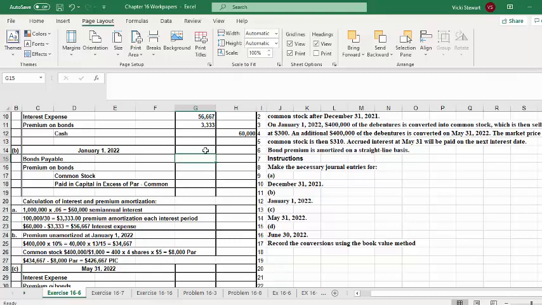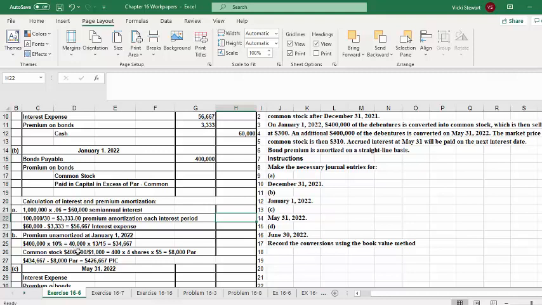We're only going to be converting $400,000 of the bonds, so that would be our debit to bonds payable. Next, we need to determine what the remaining premium is on the bonds. So the premium for $400,000 of the bonds would have been $40,000. These bonds have been outstanding for two years because they were issued on January 1st of 2020, and we are at January 1st of 2022.